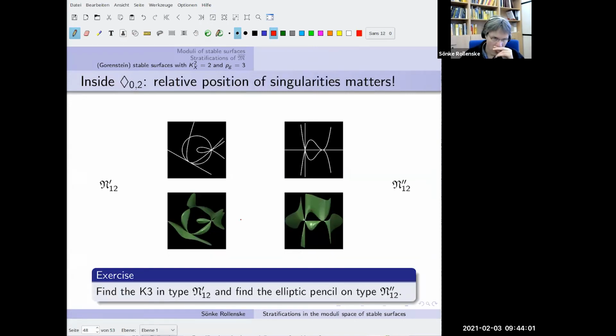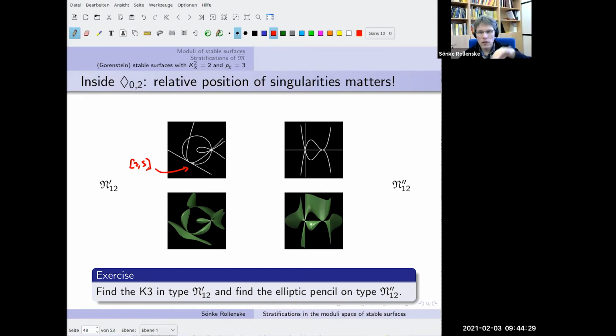Let's look at this. So we have N12 prime and N12 double prime. And the difference between these 2 families is that here, this was this 3,3 point. And as you can see, this 3,3 point has a distinguished tangent direction.